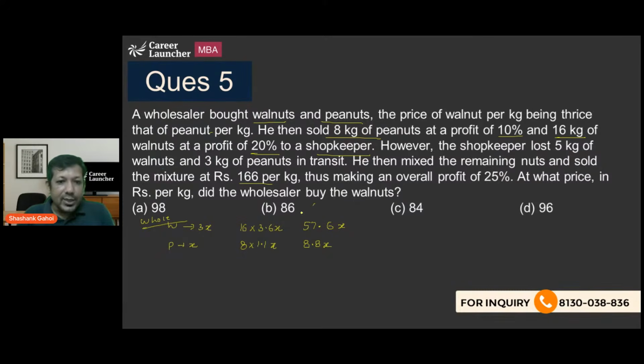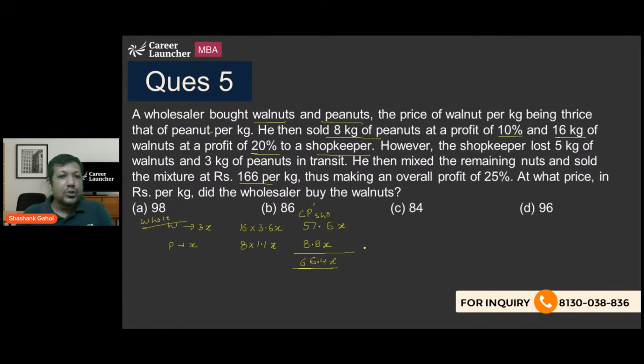Now this has become the cost price of the shopkeeper, because the selling price of the wholesaler is equal to the cost price of the shopkeeper. Now, what is the total price for the shopkeeper? That is going to be 8.8 plus 57.6, which is 66.4x. That is the total cost price of the shopkeeper.